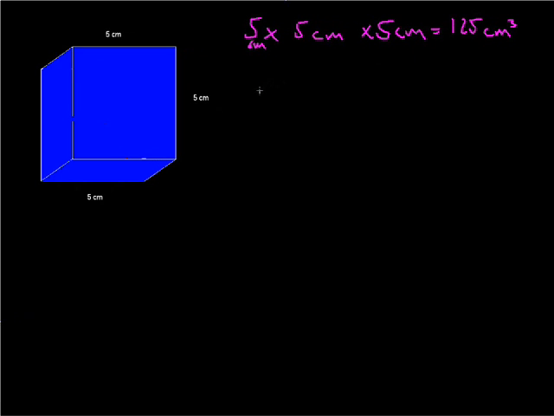So how many millimeters are there in 1 centimeter? In 1 centimeter, there are 10 millimeters. Okay, so it's the same as the very first problem we did.